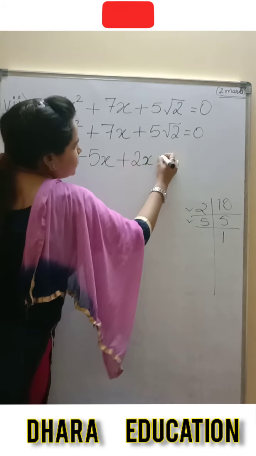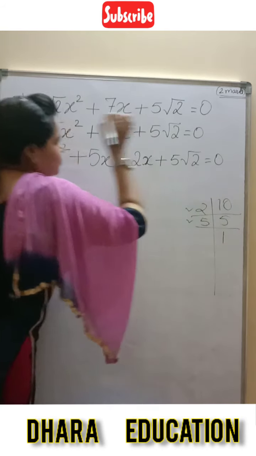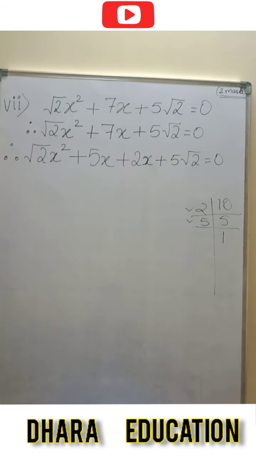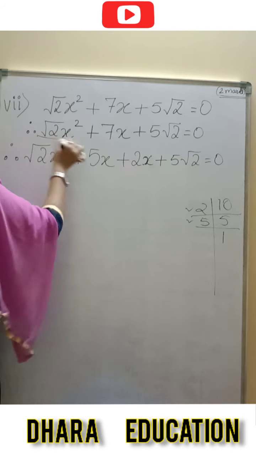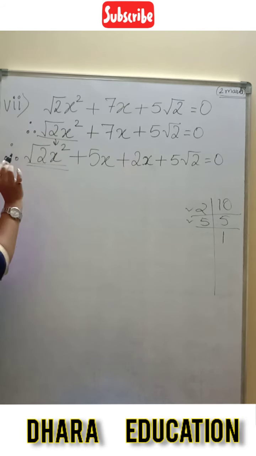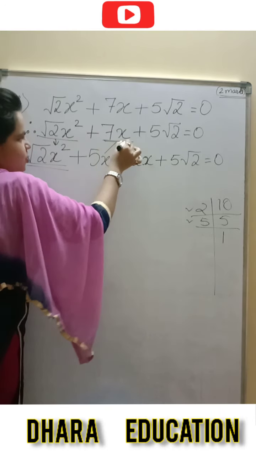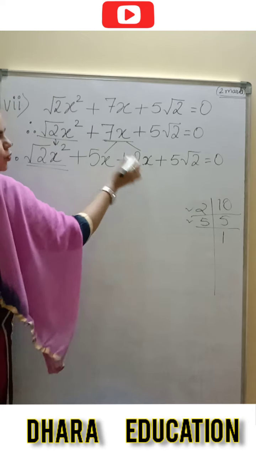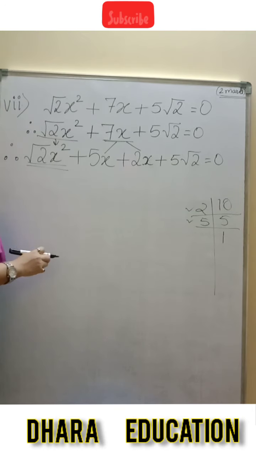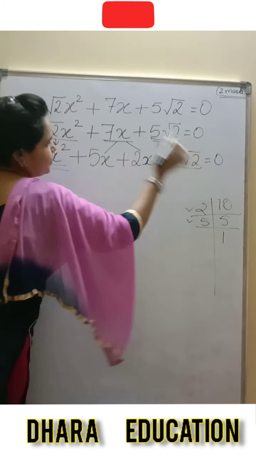And the third term, that is 5 root 2, is equal to 0. I repeat once again. The first term will be as it is. I have split this plus 7x into these two, that is 5x plus 2x gives you plus 7x. And plus this third term as it is I have written.